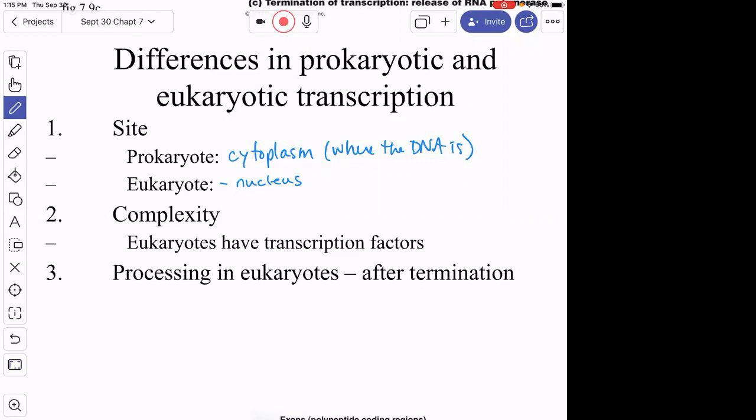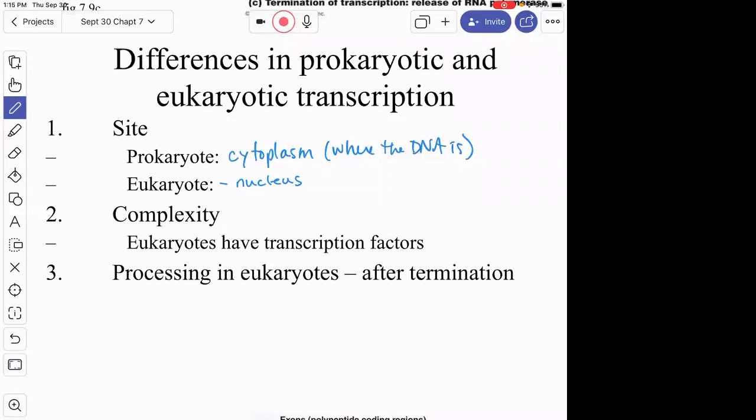Eukaryotic transcription is a lot more complicated. So there's a different RNA polymerase for each kind of RNA that's made. There's one kind of RNA polymerase for transfer RNA and a different kind of RNA polymerase for ribosomal RNA. For bacteria, they just have one enzyme that makes any kind of RNA.